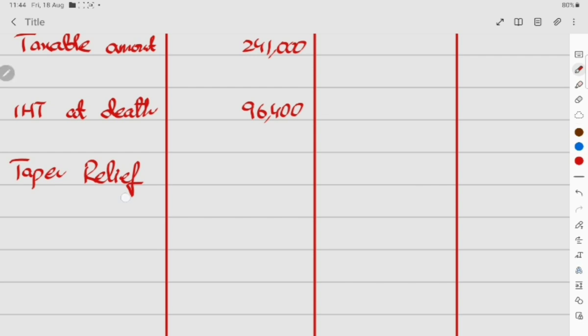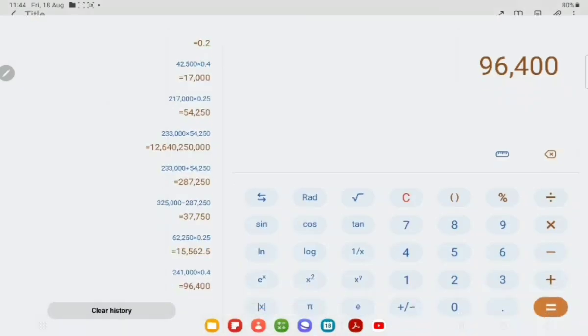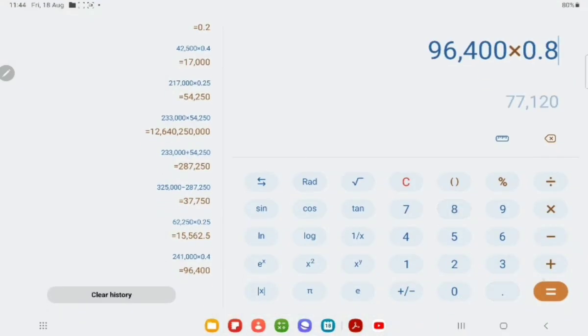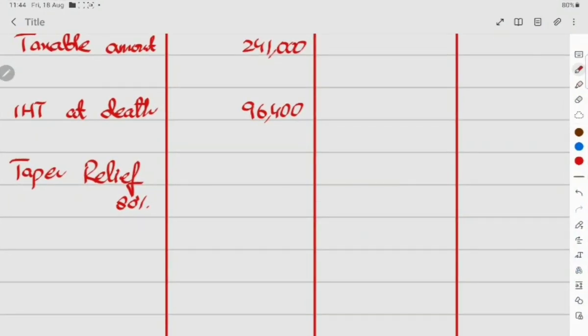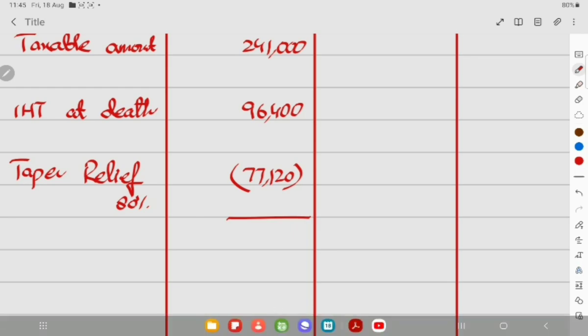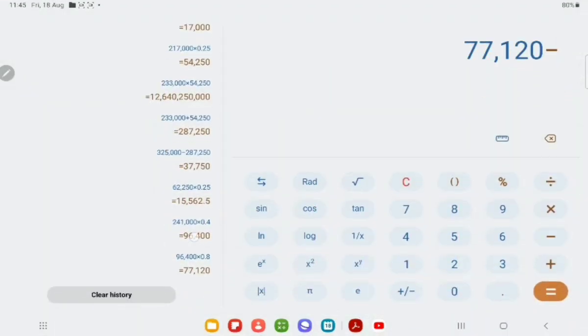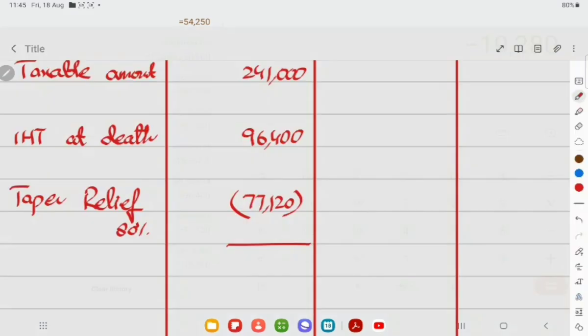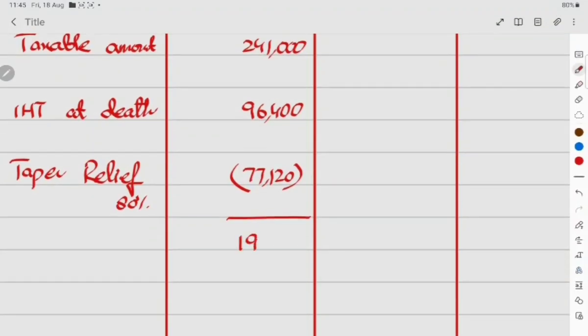So 80% relief is to be calculated. What is 80% of 96,400? This would be 77,120. So the remaining 20%, deduct this, and you get 19,280 as the amount of tax to be paid.